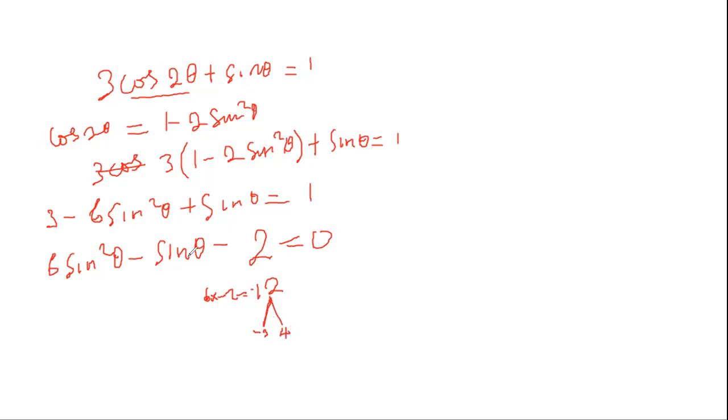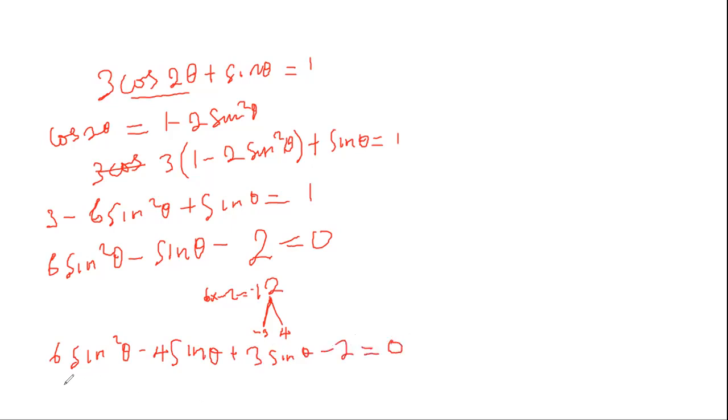So that when we add them, they give us negative 1, and when we multiply them, they give us negative 12. So we shall have 6 sine squared theta minus 4 sine theta plus 3 sine theta minus 2 is equal to 0.